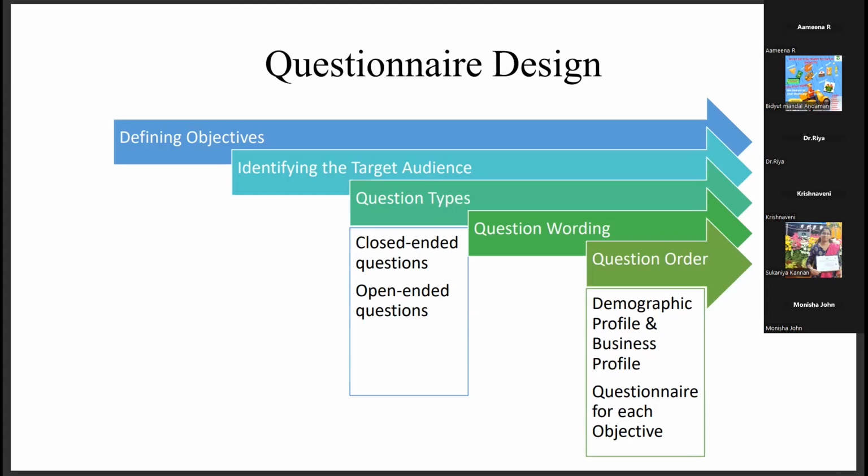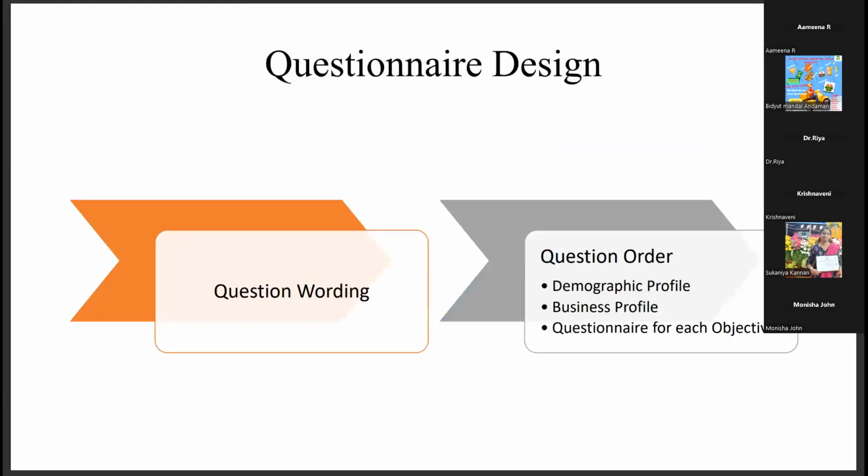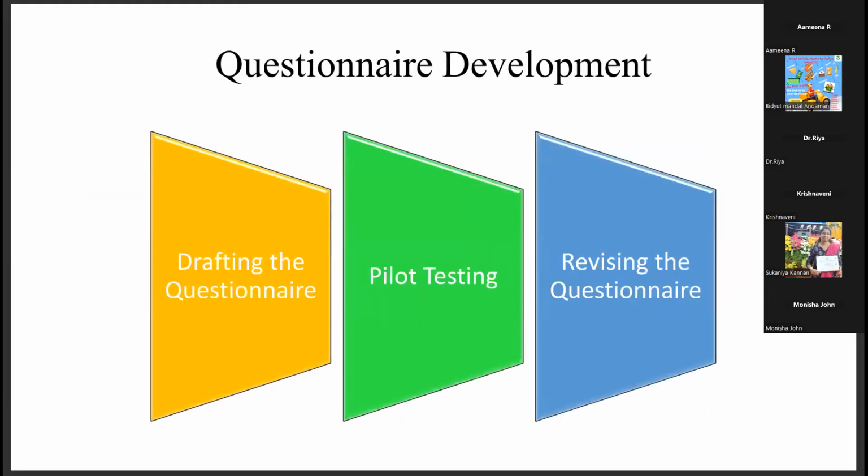Now you have designed your questions, but you have not tested them or given them to the sample respondents to check whether all the questions you have framed are right. In order to develop the questionnaire, you have to do three important steps. One, after drafting the questions, go for a grammatical continuity and clarity check.